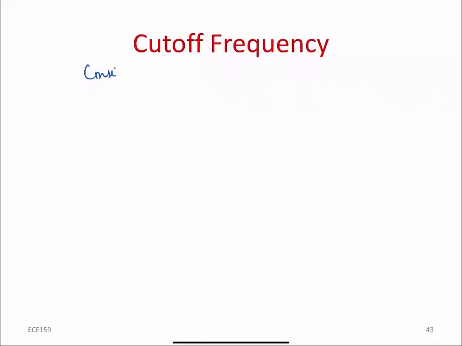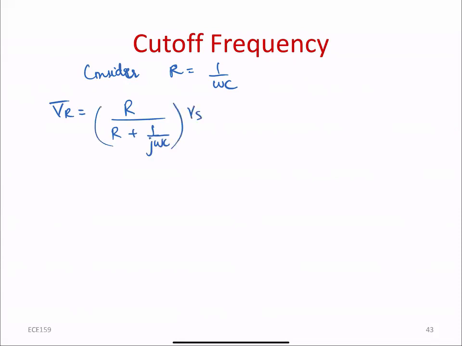If we consider R equals 1 over omega C, we can calculate again the same voltage across the resistor by R over R plus 1 over j omega C times Vs. Since R equals 1 over omega C, this is nothing but 1 over omega C over 1 over omega C plus 1 over j omega C. So I can also write this as 1 over 1 plus 1 over j. This 1 over omega C cancels out because it is common.